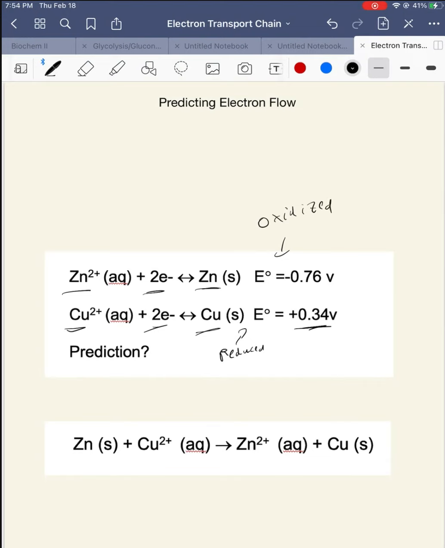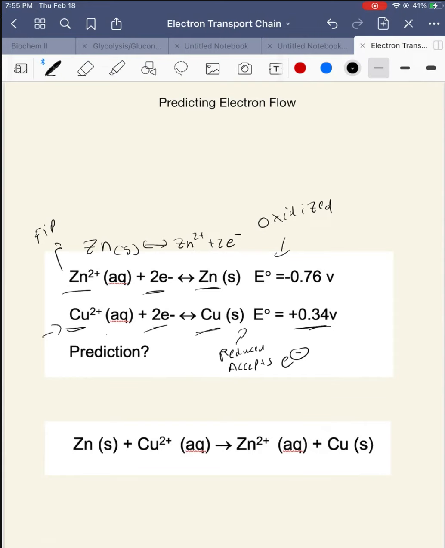In order for this to be reduced, it accepts electrons, so we'll leave it as it is, because the reaction given is the one that accepts electrons. And since this is the one that's going to be oxidized, we just flip that one. So we get solid zinc, and then that gets oxidized to Zn2+ plus 2 electrons.